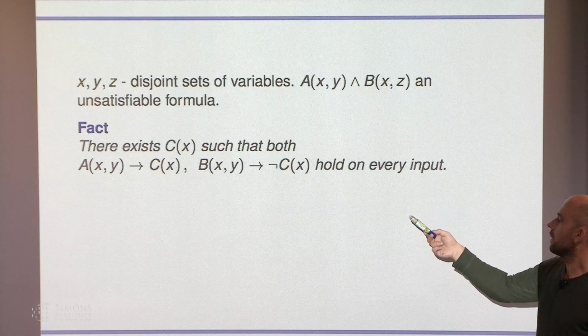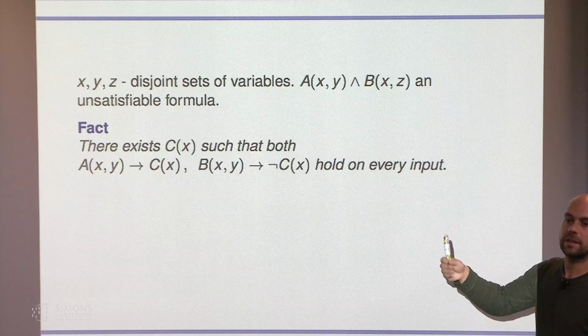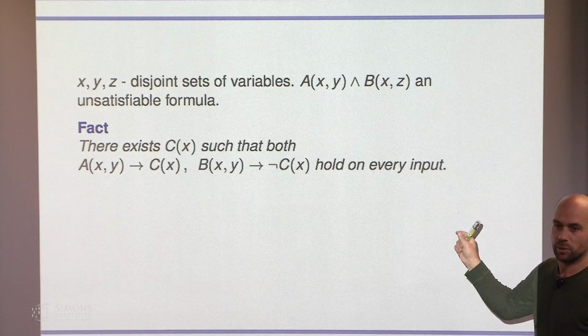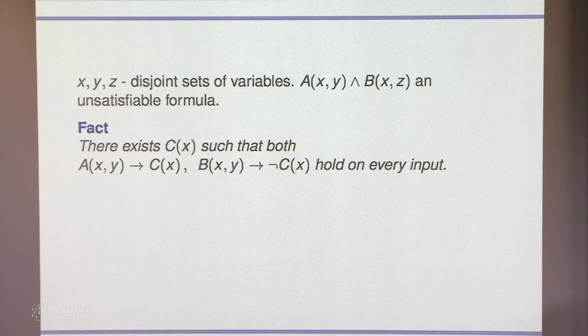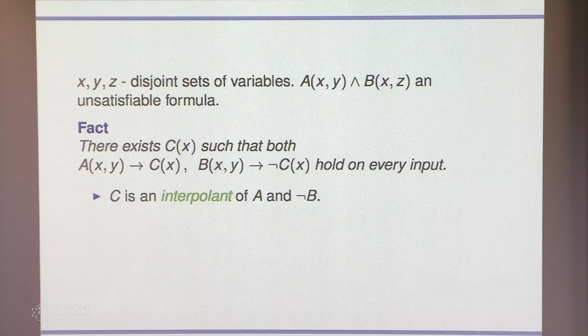Okay. So that's one way to define it, and this C will have this property. So such a C exists for trivial reasons, but now I want to ask, what can we say about the complexity of this C? I will call this C an interpolant of A and not B.